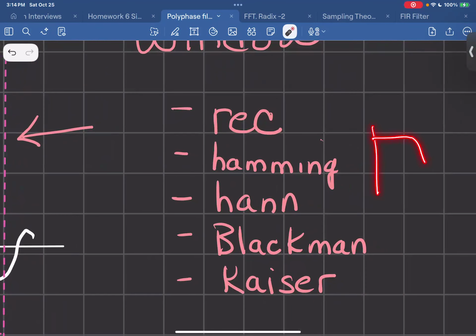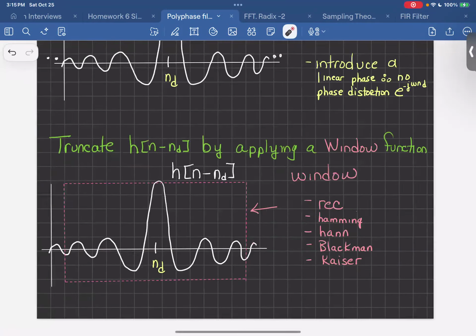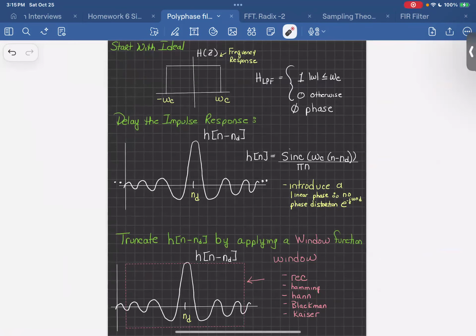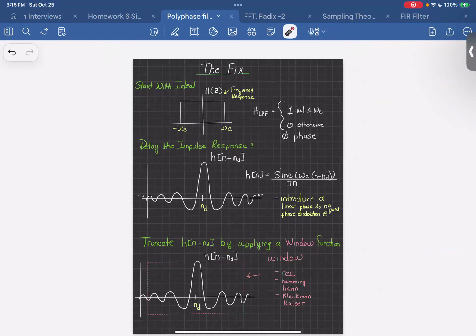So your ideal frequency response will have some kind of transition band. It doesn't go from pass to reject. It goes from pass, and then I'll take some time, and then I'll reject you. Okay, so that's just a little bit more relaxed.